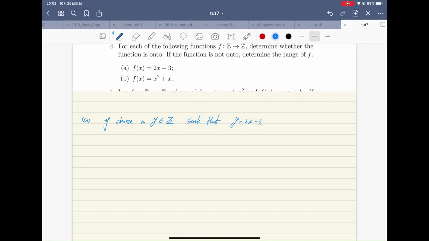Then we solve for x, because we want to find the associated value in the domain for the value y in the range. We get x equals (y plus 3) divided by 2.